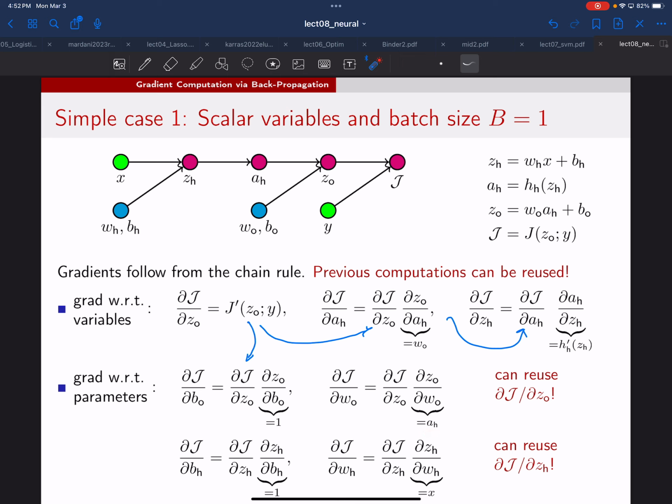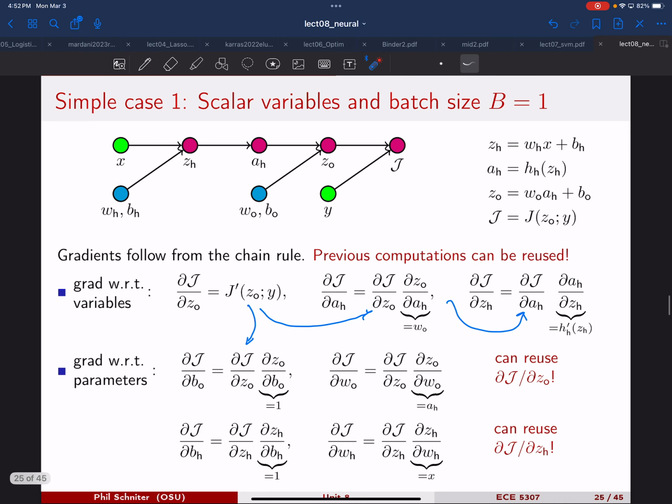And then the last two are dJ/dbh, which we can do by dJ/dzh times dzh/dbh, like this. We already computed this up here, so that's a number we know. And then this one over here, dzh/dbh, you can see is just going to be 1. Okay. And then the last one, very similar.